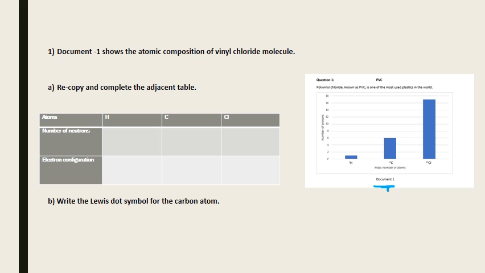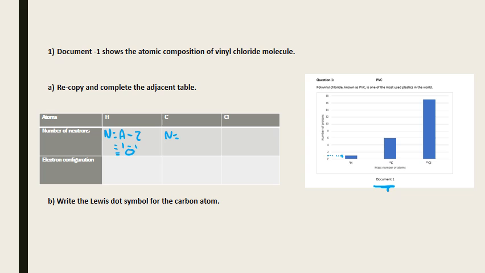So first we have the number of neutrons in hydrogen. So remember, N equals A, which is mass number, minus Z, which is proton number. So we have A, which is 1, minus Z. Z is the number of protons. So here it's 1. We can see here it's 1 around here, which is in the middle. 1 minus 1, which equals 0. For carbon, we do exactly the same.